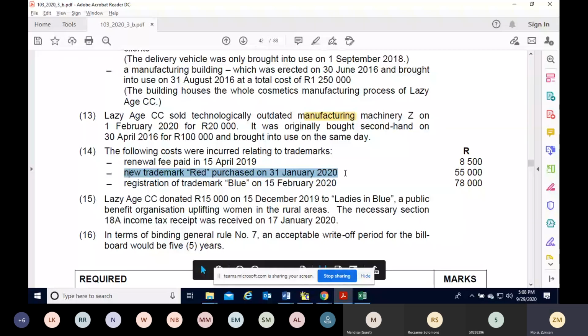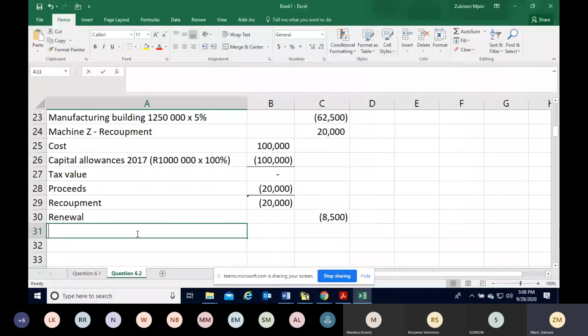If you go over to that page that I referred you to, pages 13 and 14 of tutorial letter 103, you will see that a new trademark purchase is capital in nature, and there is no deduction allowed.